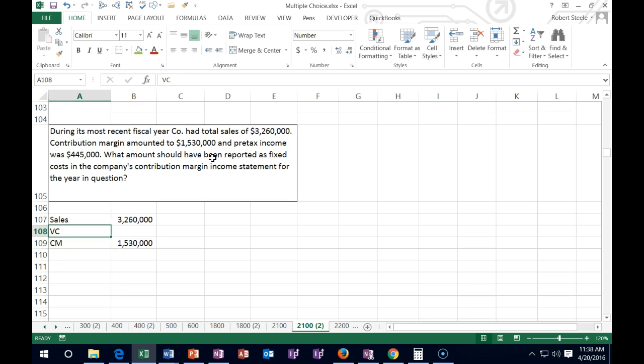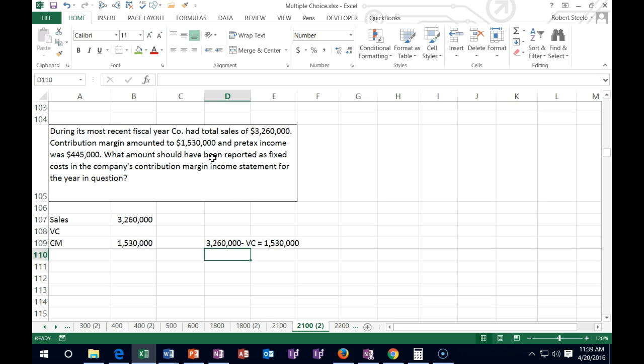They didn't ask us for variable costs, and we don't really need to figure it out, but we might as well because it's there. So the formula would be $3,260,000 minus variable costs, kind of like our X, the unknown, and that should equal this $1,530,000.